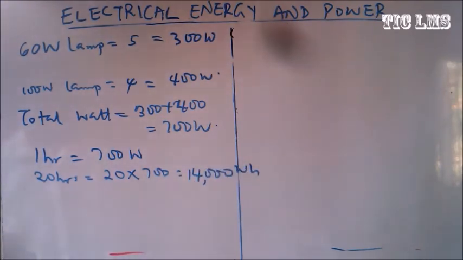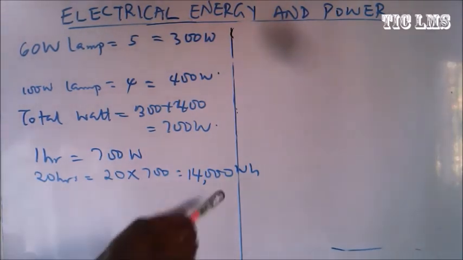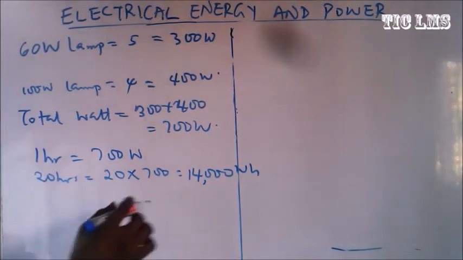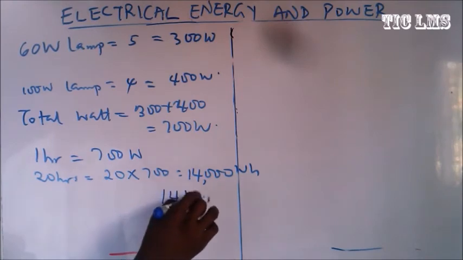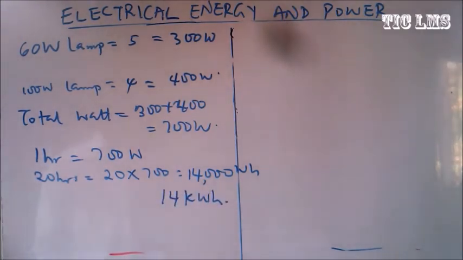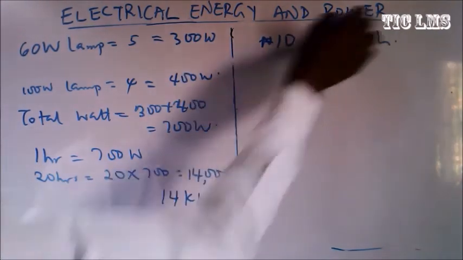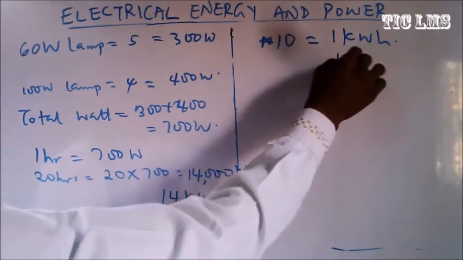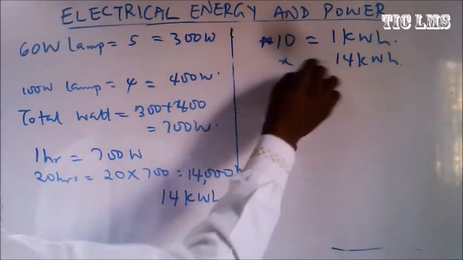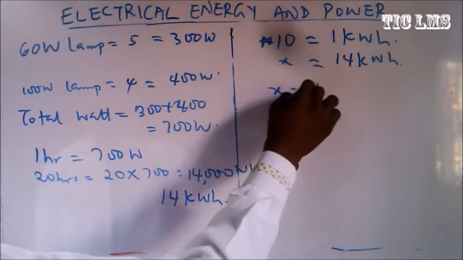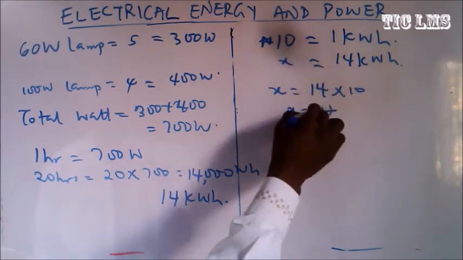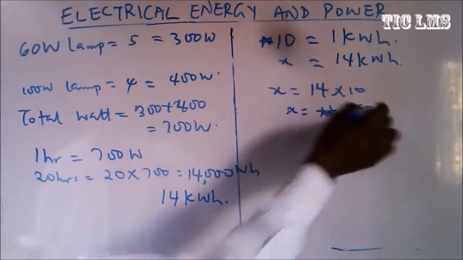This can be converted into kilowatt hour by dividing by 1000. So we have 14 kilowatt hour. Now in the question we're told that 10 naira is equal to 1 kilowatt hour. So what is going to be 14 kilowatt hour? What we'll do is x equal to 14 times 10, and that gives 140 naira.